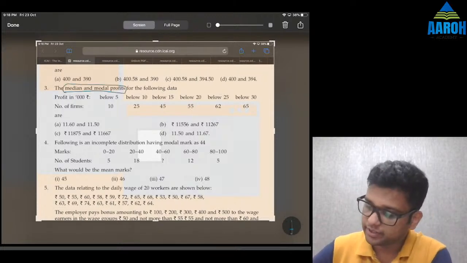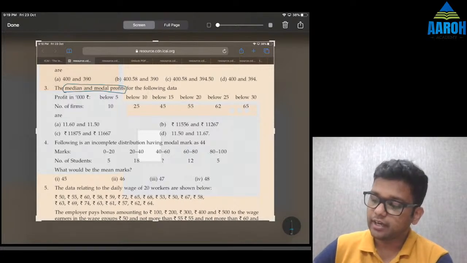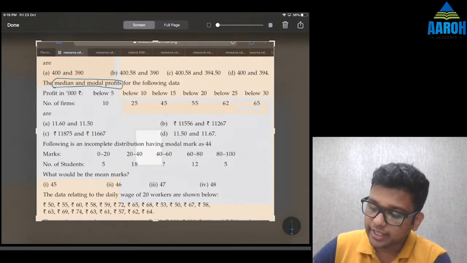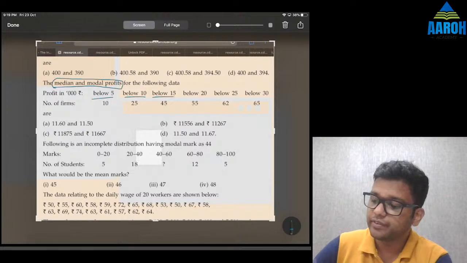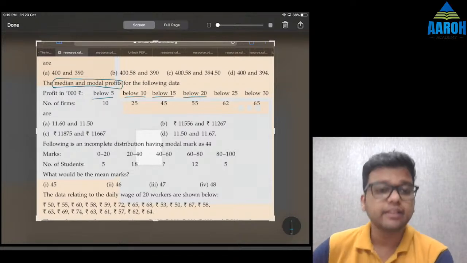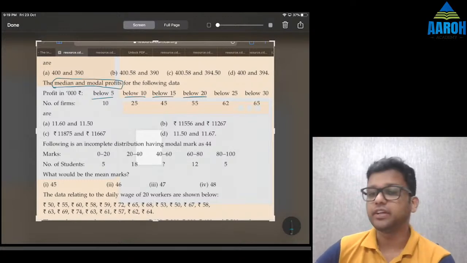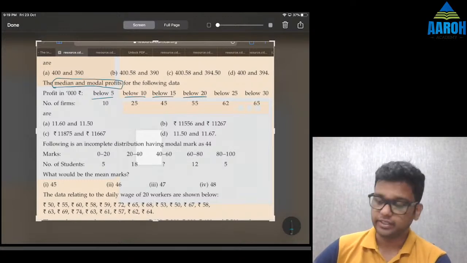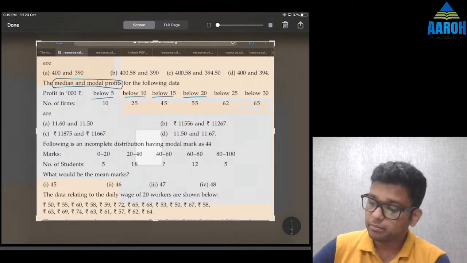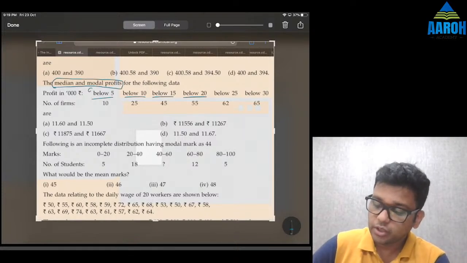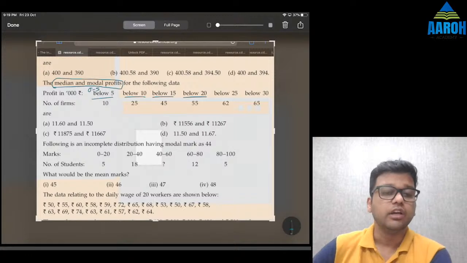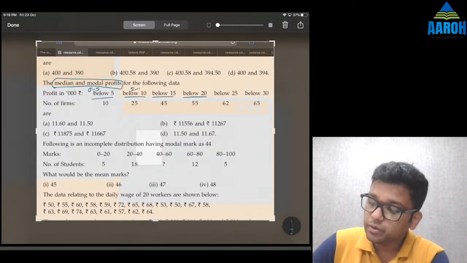Now understand, when x is given like this, below 5, below 10, below 15, below 20, then that means this is not frequency, this is cumulative frequency. Understand very carefully. This is below 5. Below 5 means 0 to 5, right? But below 10 does not mean 5 to 10 now.